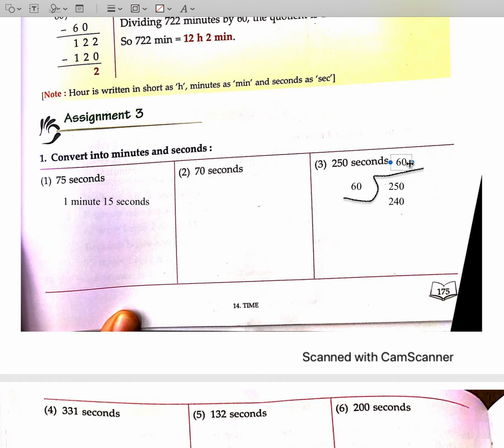And we'll write 4 over here. The remainder here will be 10 because 250 minus 240 is equal to 10. So therefore it will be 4 minutes and 10 seconds. So let's write it. 4 minutes and 10 seconds.